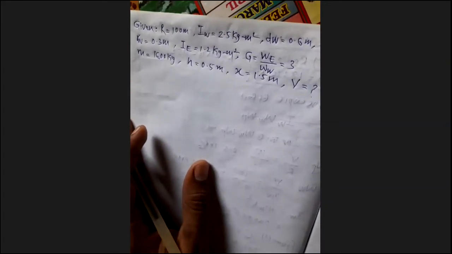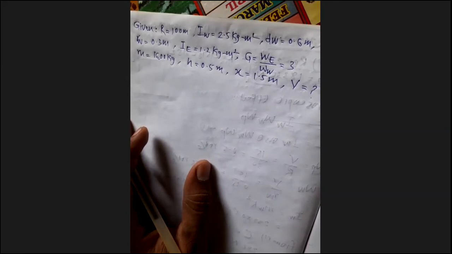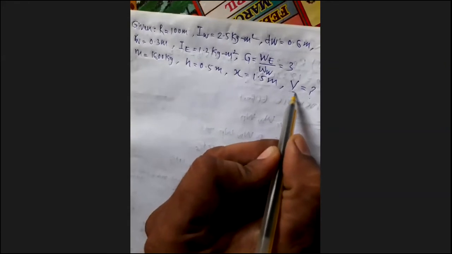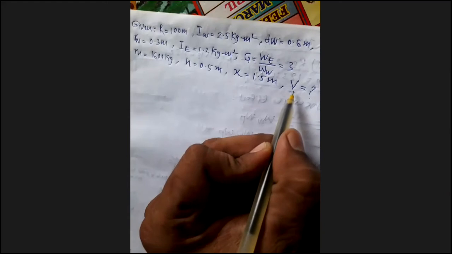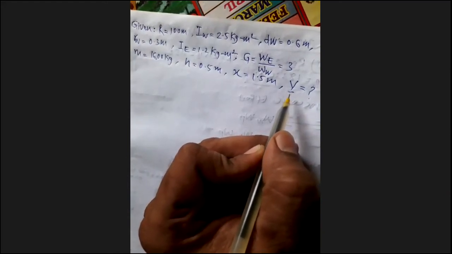Now how do we solve this? Let me tell you the steps first. We have to find the reaction due to the weight of the vehicle, due to gyroscopic couple, and due to overturning couple. But we will find these reactions in terms of V, the reason being that this velocity is not given, we have to find it.